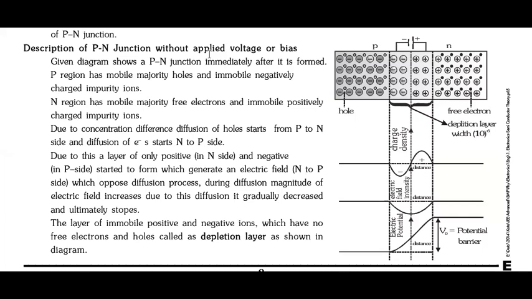They don't move in a specific direction. When holes and electrons are moving, they're moving randomly, so there's no fixed direction. We have electric field only in depletion region, unless until we connect a battery or something like that. Okay, so I've explained all the things.